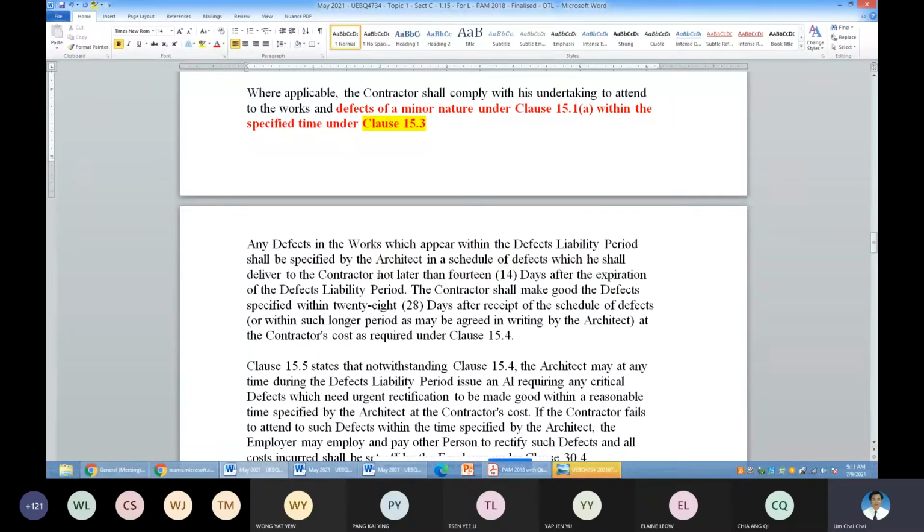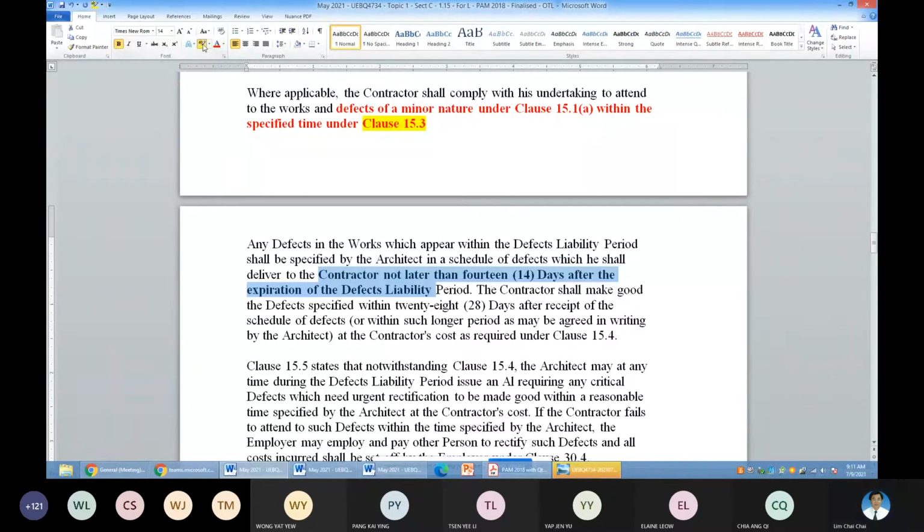So generally the rule is this: the contractor needs to rectify the defects within a certain time frame. So these are the time frames for the architect to notify the contractor, and then the contractor gets around this time to rectify the defects.